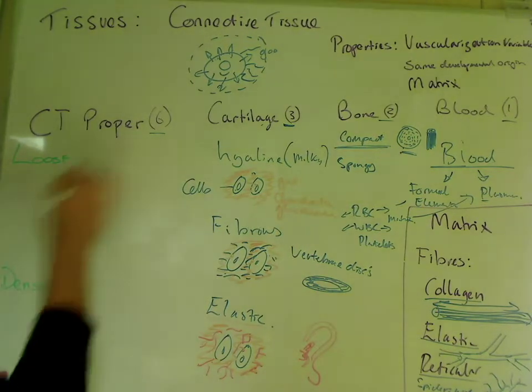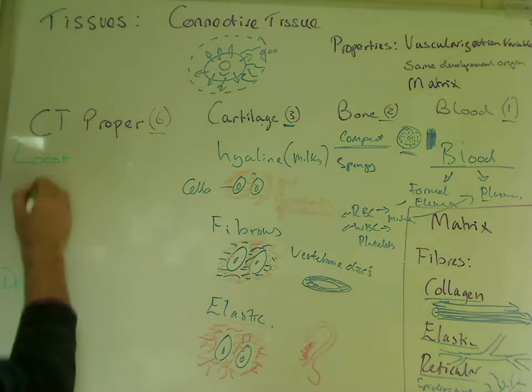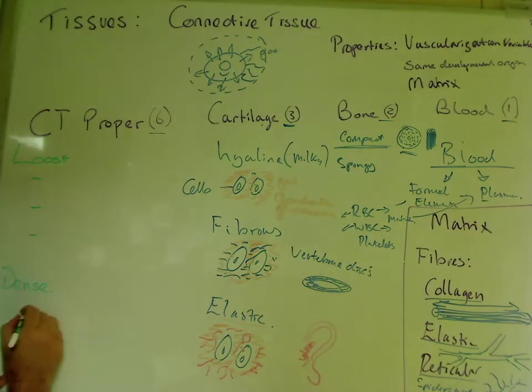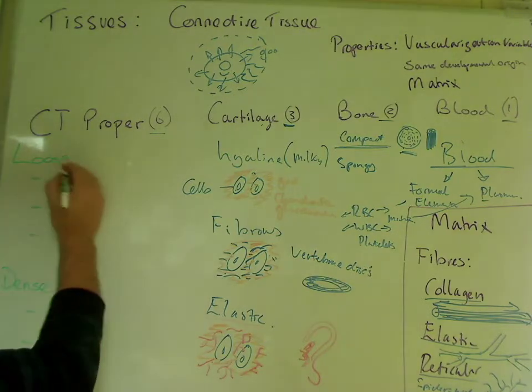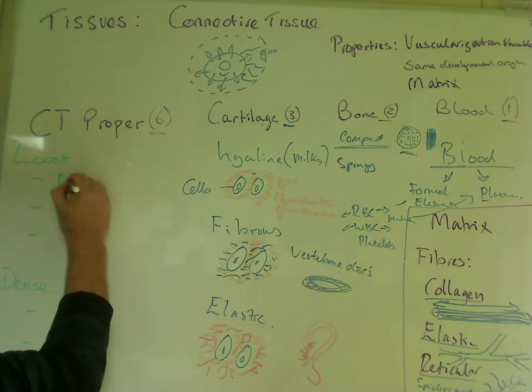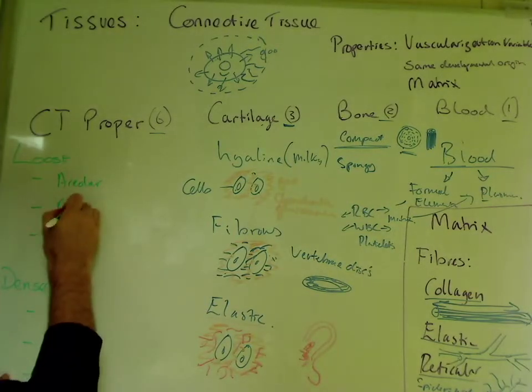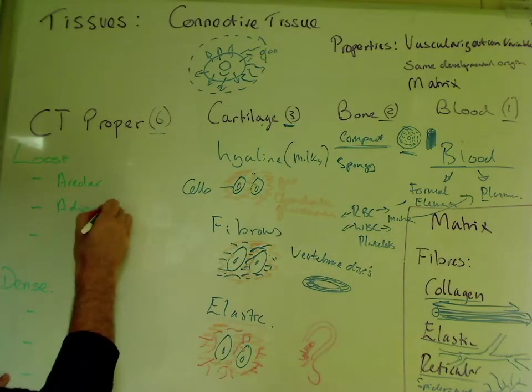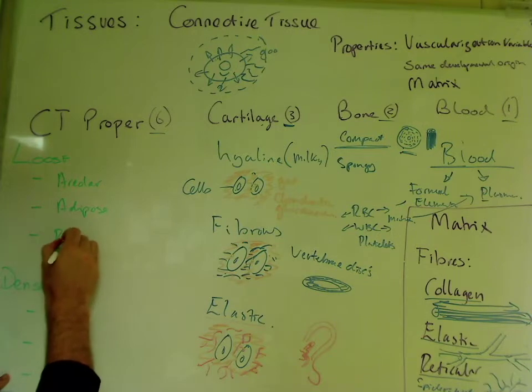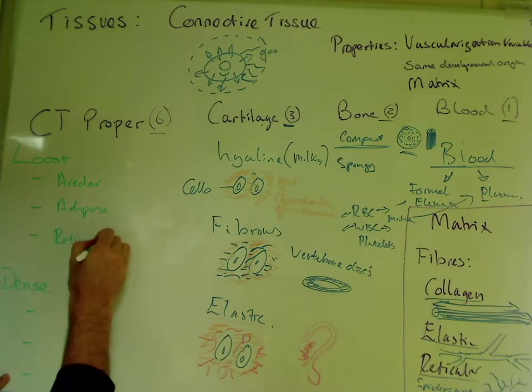There are three in each, so in loose we have areolar, adipose and reticular.